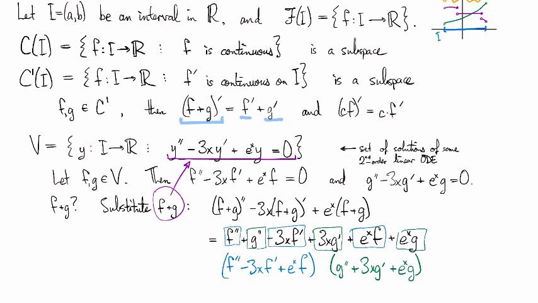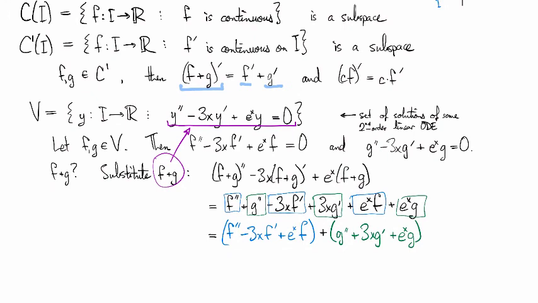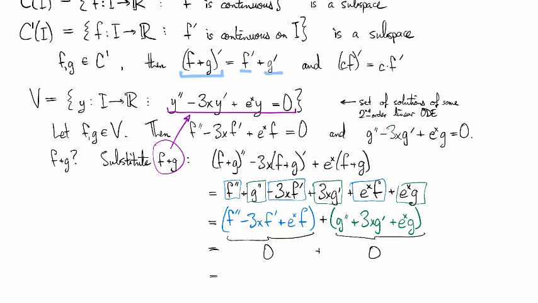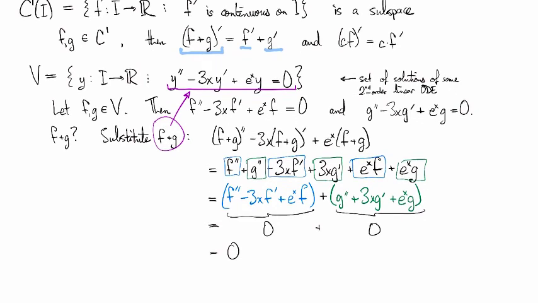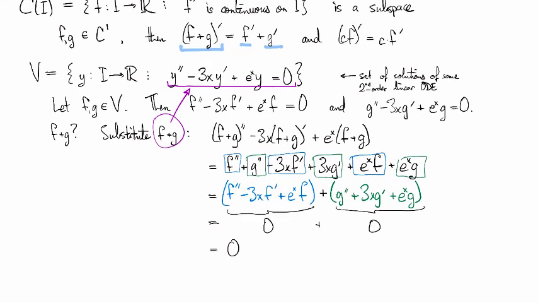And then since I picked f to be a solution to this differential equation, I know that all this is equal to 0. And since I picked g to be a solution to the differential equation, I know that all this is going to be equal to 0. So I get 0. And so f plus g is an element of V.